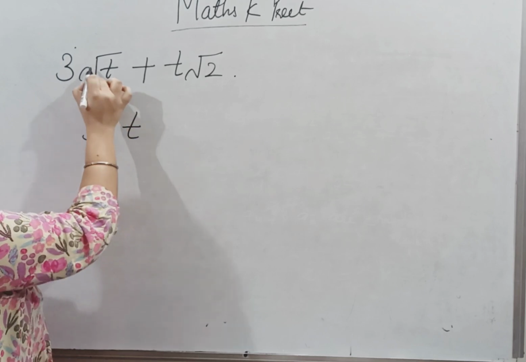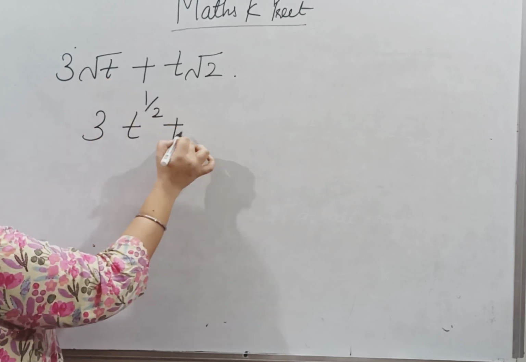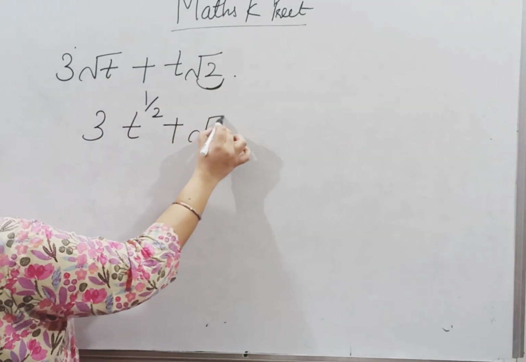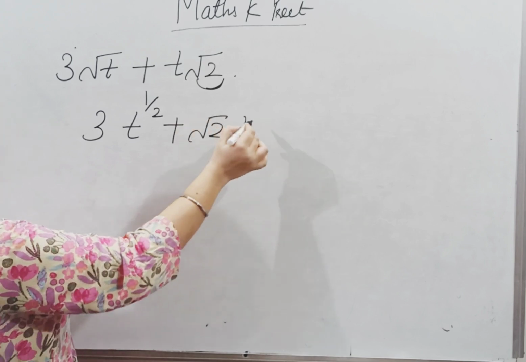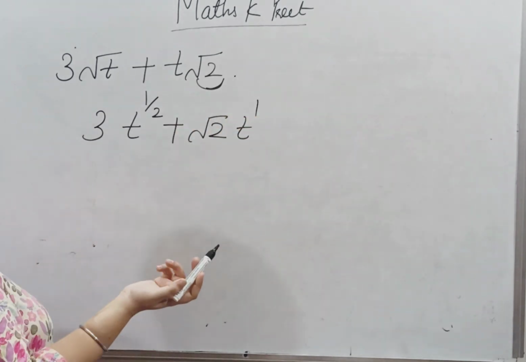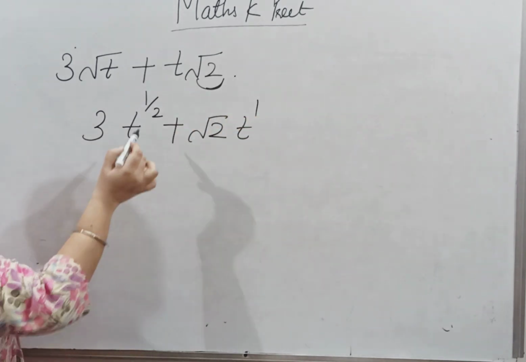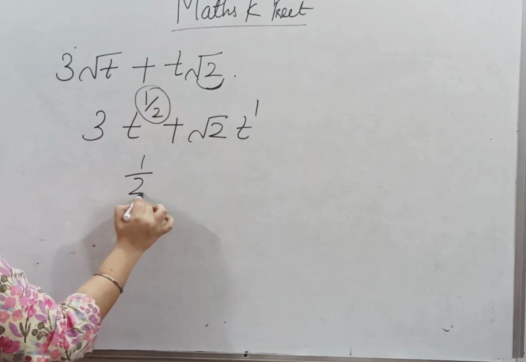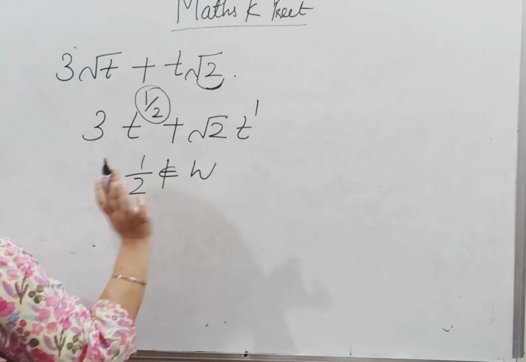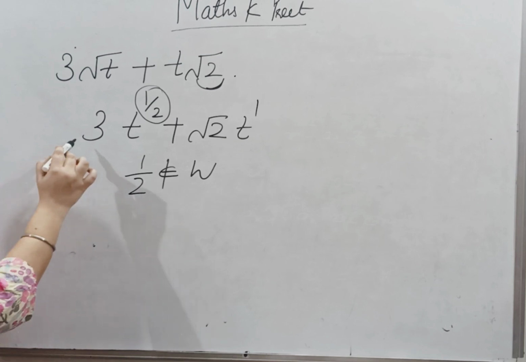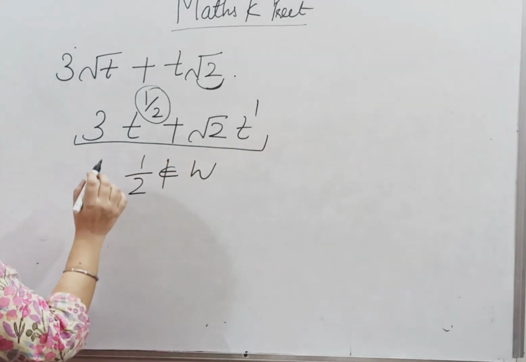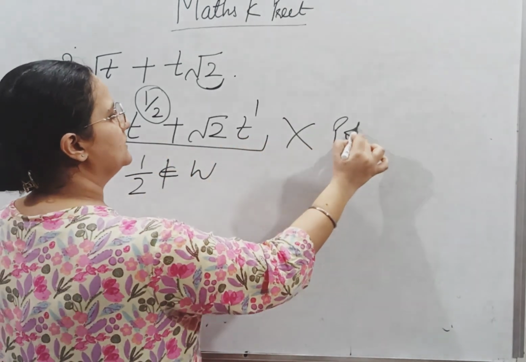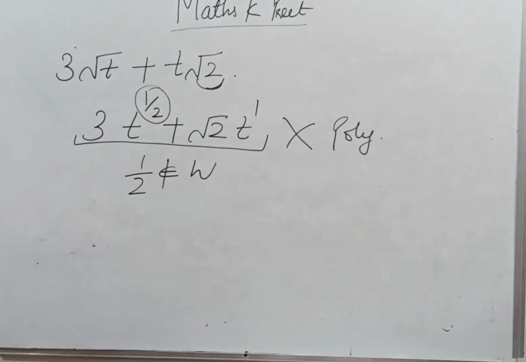So it's t raised to power 1 by 2, plus this root 2 is just a real number or constant times t to the power 1. So powers should be whole numbers only. 1 by 2 is not a whole number. This contradicts the definition of polynomial. This is not a polynomial. So check the powers carefully. They should belong to the whole numbers only.